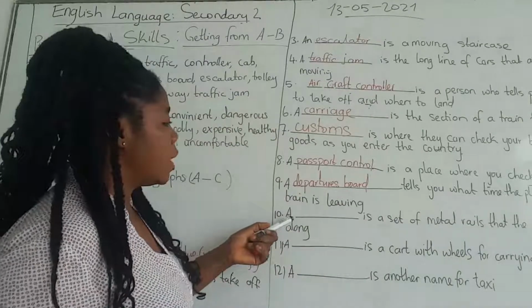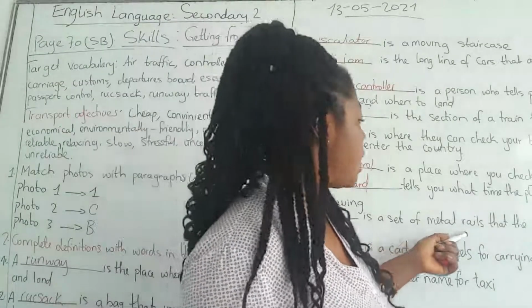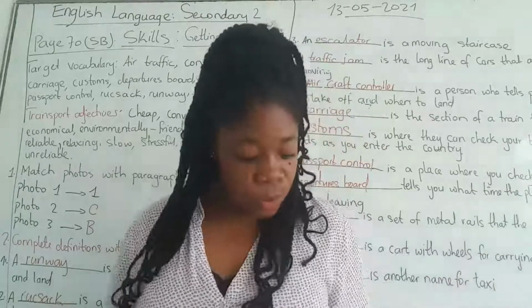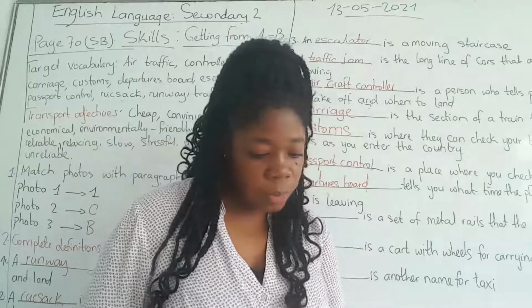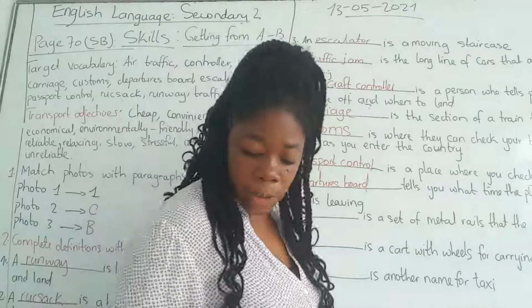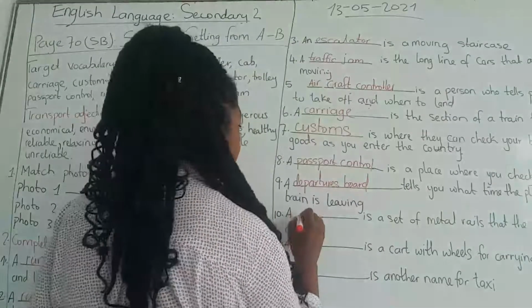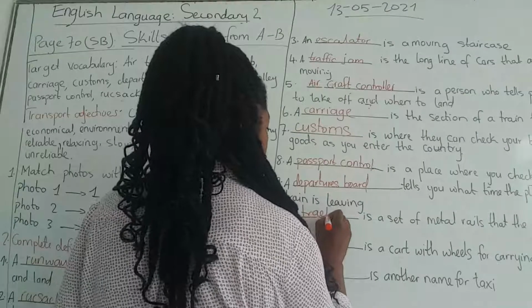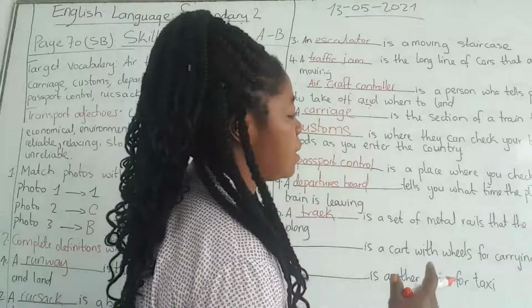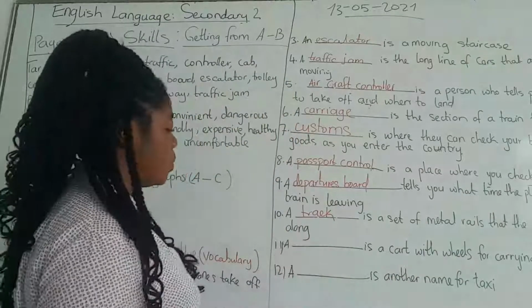Number 10, a dash is a set of metal rails that the train runs along. According to the text, we have a track. It's a set of metal rails that the train runs along.